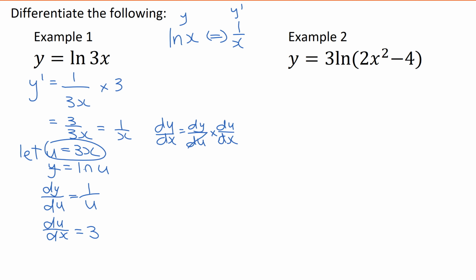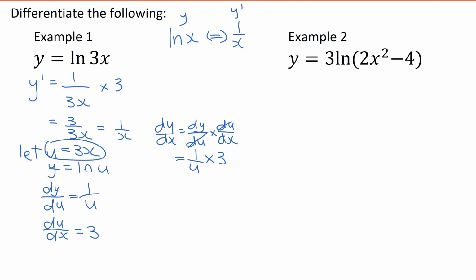Those parts there, you can imagine them as cancelling out, okay? So that's just dy over du, which is 1 over u. Du over dx is just 3. So there's my answer. Is that right?